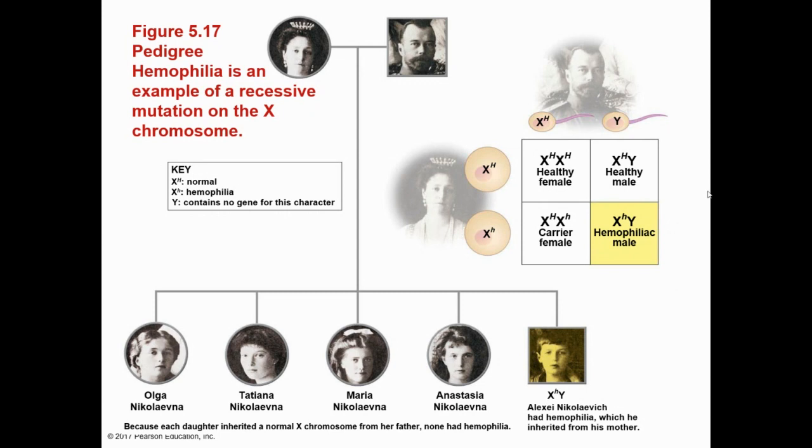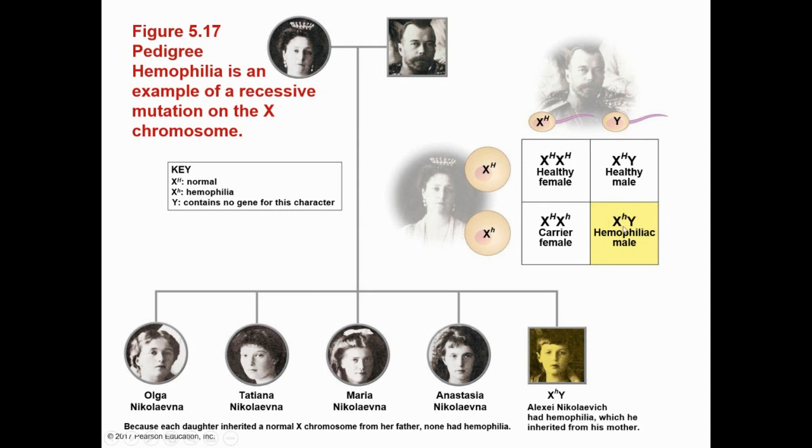In order for it to be hemophilia, it has to be the dominant in front? No, hemophilia is the lowercase h. So not necessarily in front, but that the lowercase h is the only thing there.